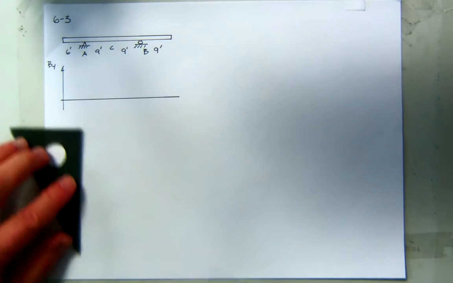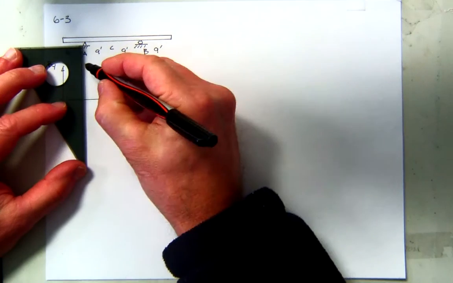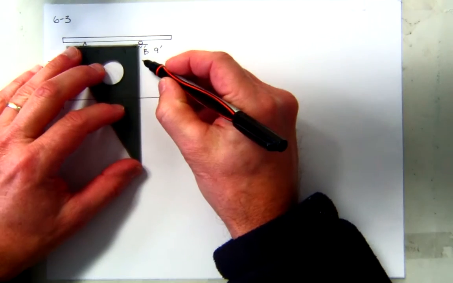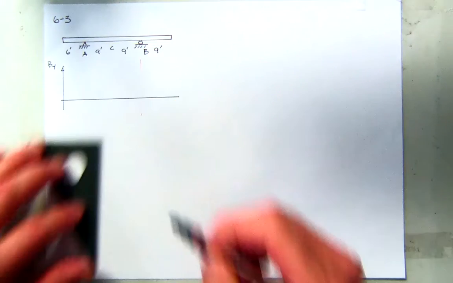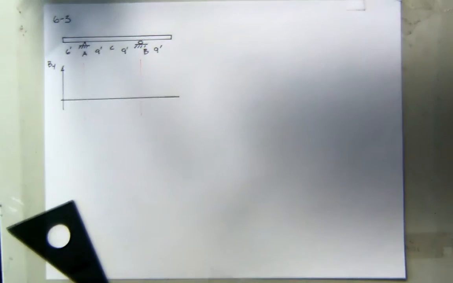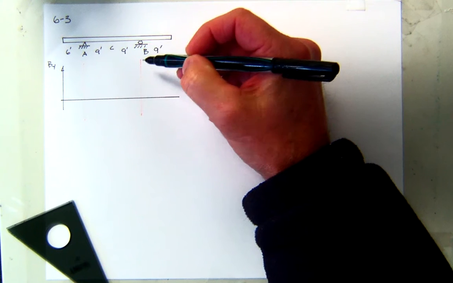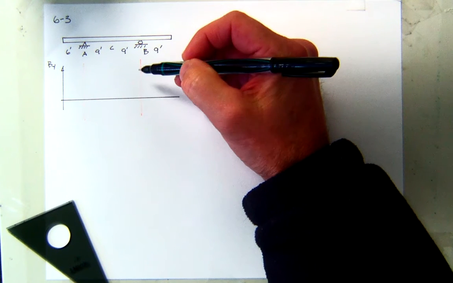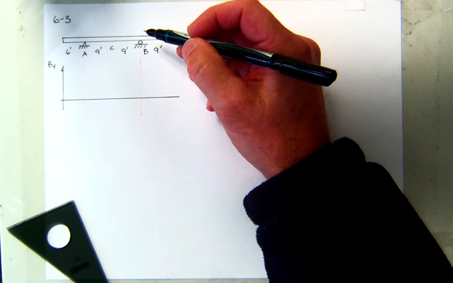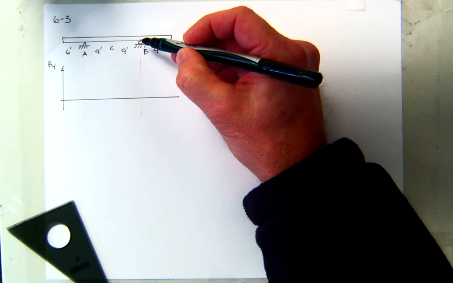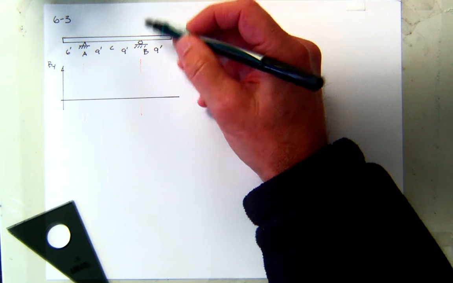So let's do that. Let's review that part. I'm going to go ahead and make some marks where things are going to happen, possibly. Remember what we do is we remove B's ability to have a vertical force, and then we apply a vertical force there. So what is this point B going to do when I push up on it? Is it going to go up or down? Up.